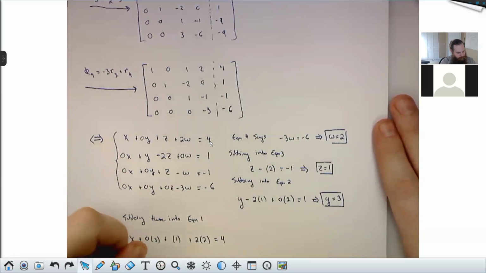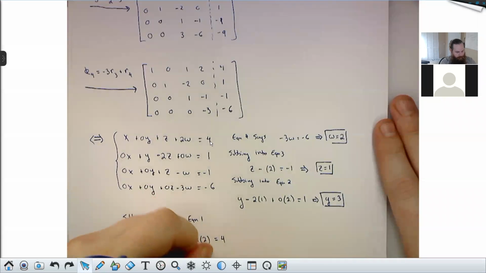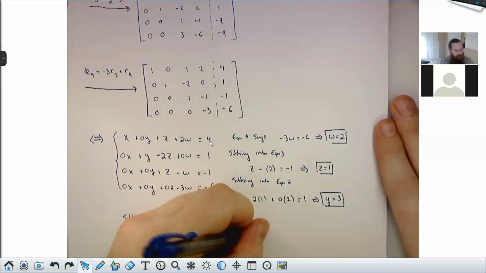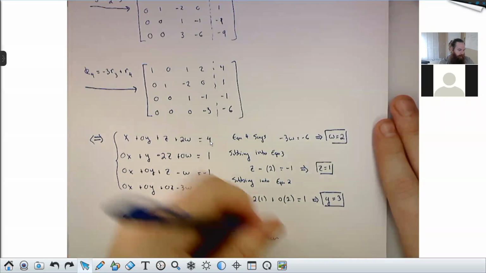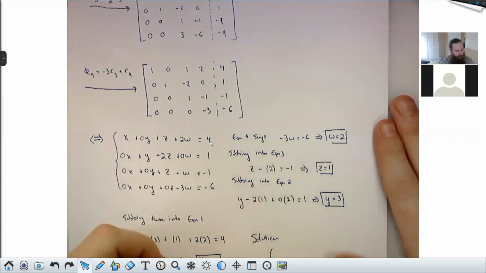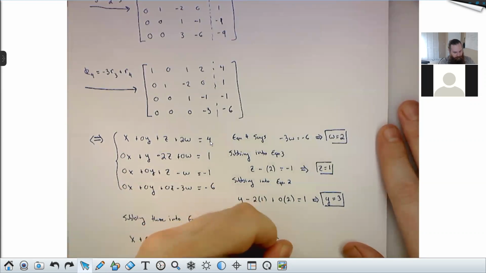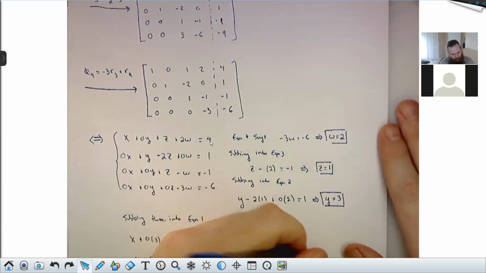So x plus 4 plus 1 is 5 equals 4, which means x is -1. So there it is, the solution is the ordered 4-tuple, -1, 3, 1, 2.